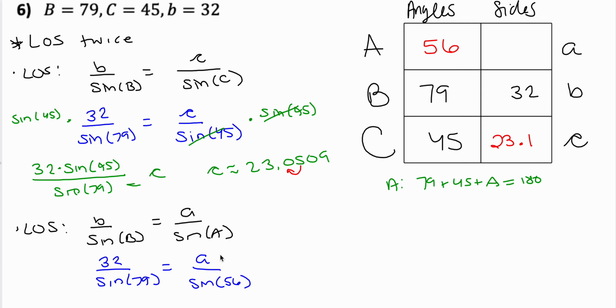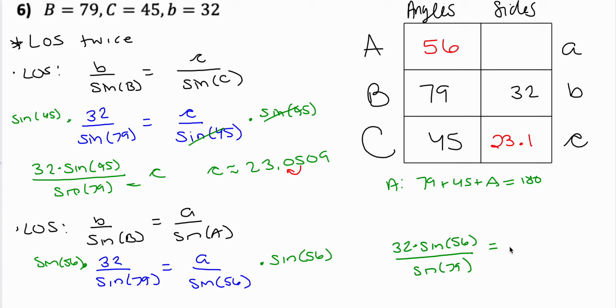The inverse of division is multiplication, so I will multiply both sides by sine of 56, again to the numerator. So the numerator will have 32 times sine of 56, divided by sine of 79, and that is going to equal little a, because the sine of 56 divided by sine of 56 becomes 1.